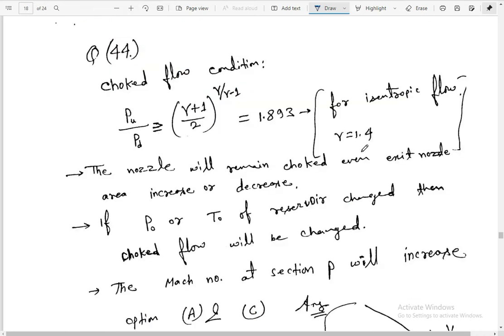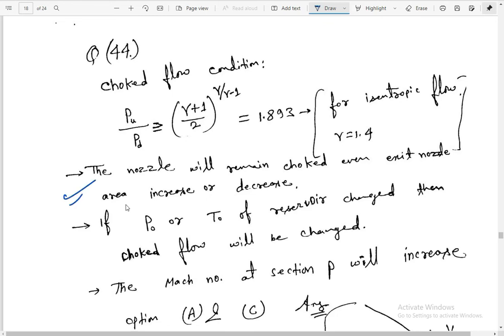For isentropic flow we take gamma equal to 1.4. Pu is the upstream and Pd is the downstream pressure. The nozzle will remain choked when the exit nozzle area increases or decreases. This is the point actually.